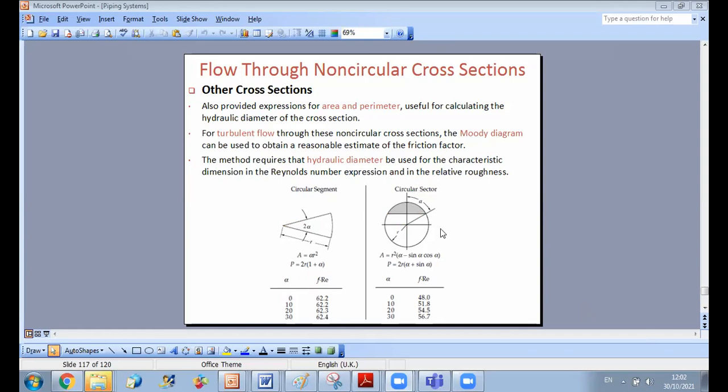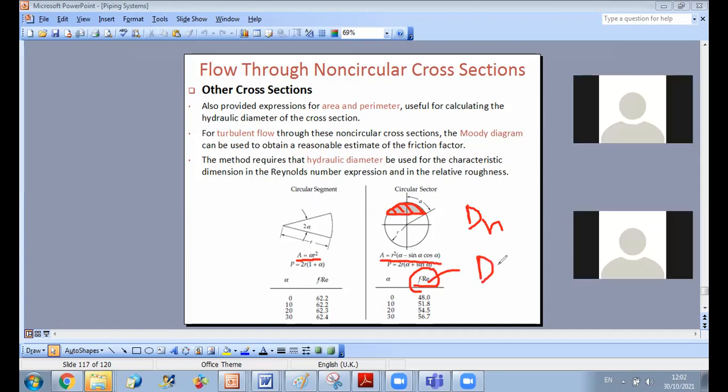And if you want to find the hydraulic diameter, we should use these expressions for A and P. Here they give you the formulas for A, which is the cross-sectional area, and for the wetted perimeter, for the circular sector it is this one. Now I need dh not only for turbulent flow, I need it in both cases, because when I write f times Reynolds, I need the Reynolds number, and the Reynolds number should be expressed as a function of the hydraulic diameter.